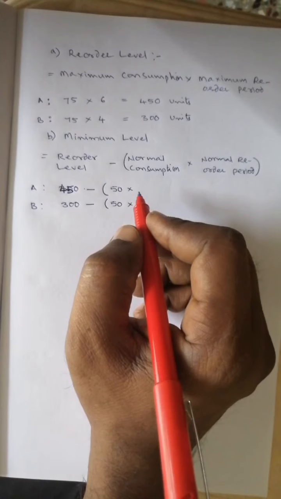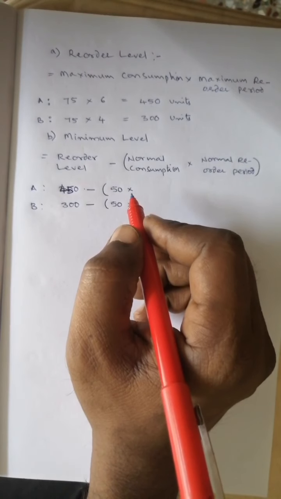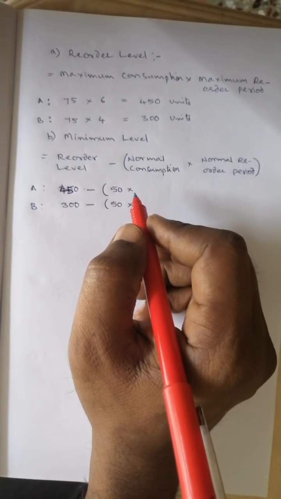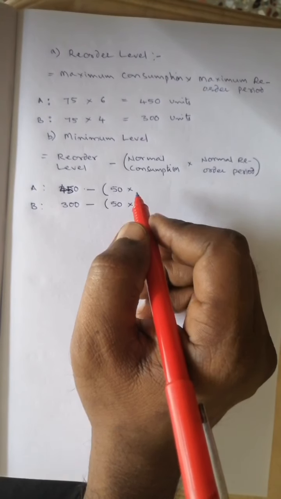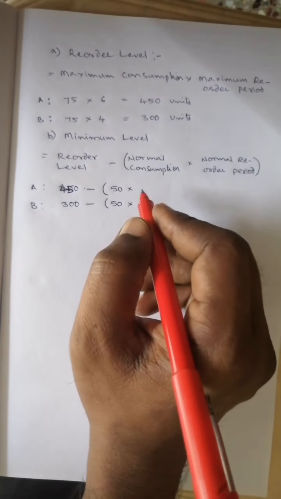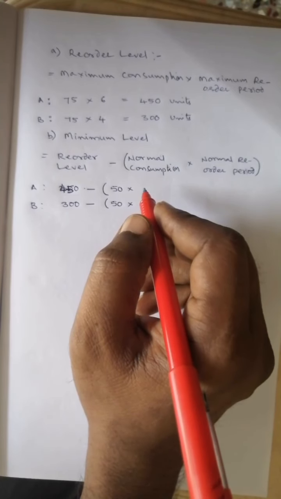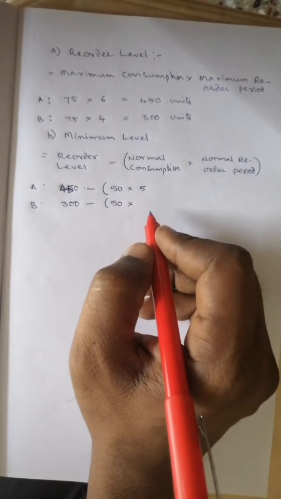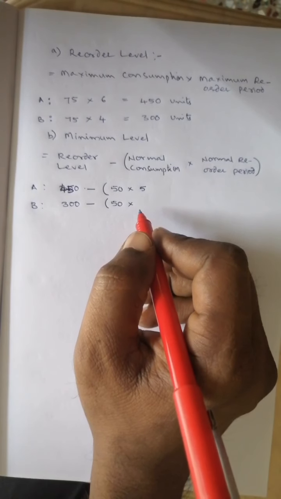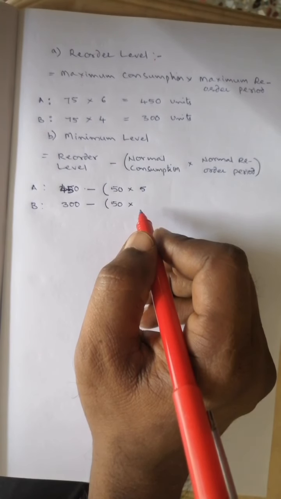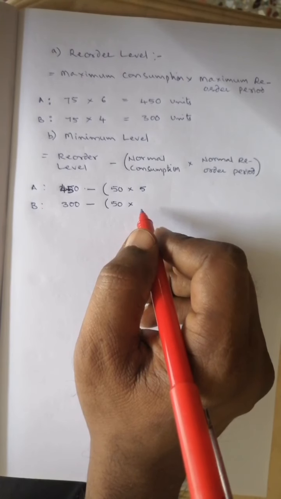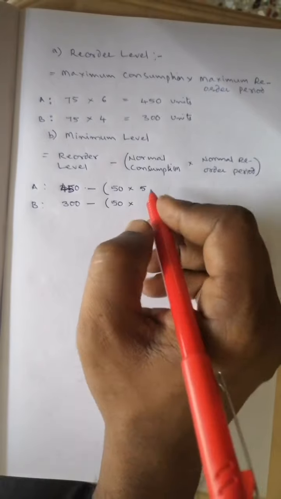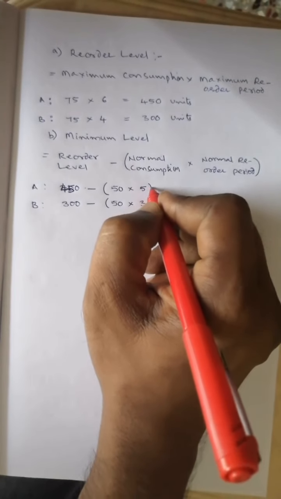Normal reorder period: minimum 4, maximum 6 weeks is given for component A. So average is 4 plus 6 is 10, 10 by 2 is 5, the normal reorder period. For B component minimum 2 weeks, maximum 4 weeks is given. So normal is the average, 2 plus 4 is 6, 6 by 2 is equal to 3.